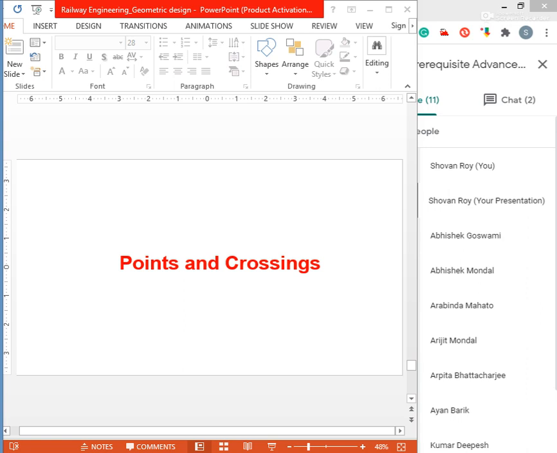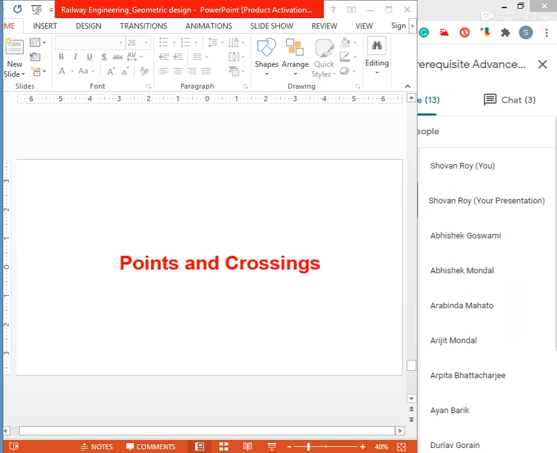Even in your theory-based exams, you need to draw these points and crossings on your paper.